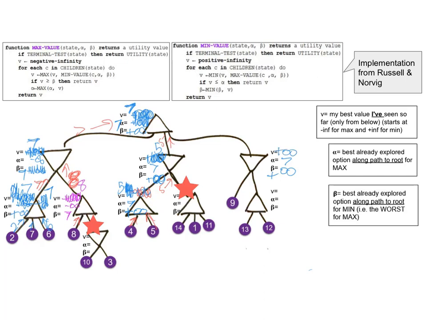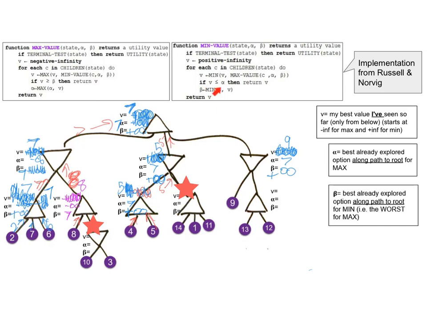And then for each of the children, V gets the minimum of this. So we got to get the max value of the first child, which is 9, so it's just going to pass back a 9. So V is going to get the minimum of the 9 that we passed back up and plus infinity. So 9 is smaller than that.